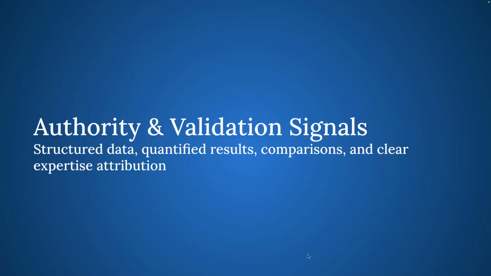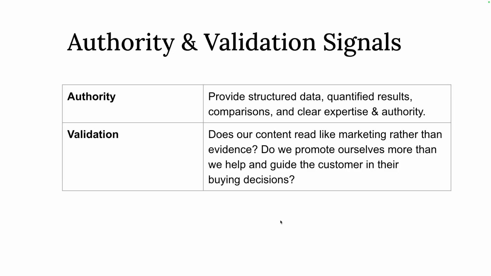So we've talked about authority, but how do authority and validation signals work, and how can we influence them? And this is more about structured data, which we've touched on. Quantified results, comparison, and clear expertise attribution. So, authority. Authority provides structured data, quantified results, comparison, and clear expertise.